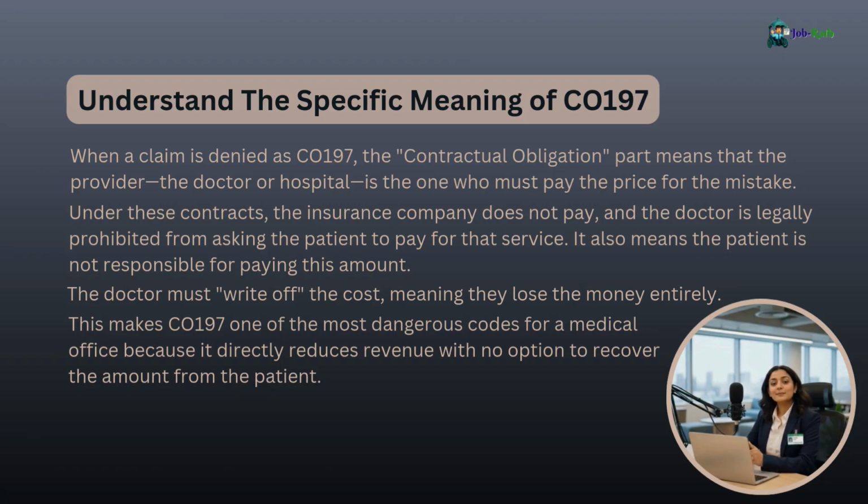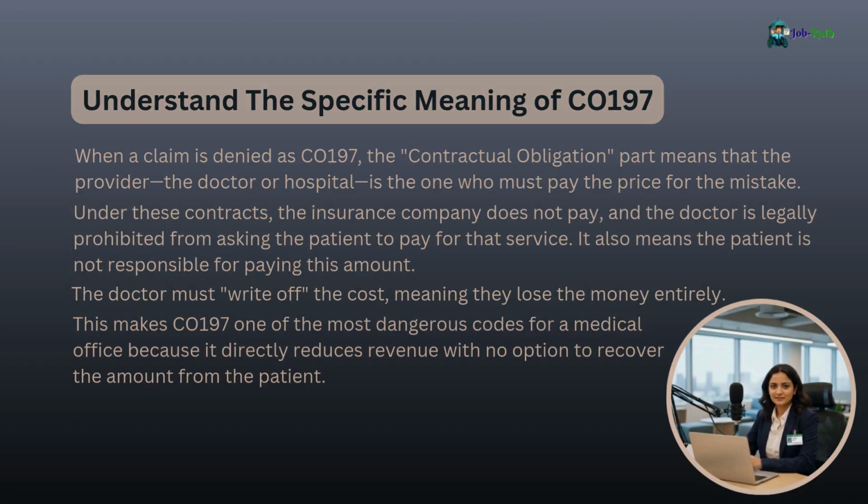It also means the patient is not responsible for paying this amount. The doctor must write off the cost, meaning they lose the money entirely. This makes CO-197 one of the most dangerous codes for a medical office because it directly reduces revenue with no option to recover the amount from the patient.